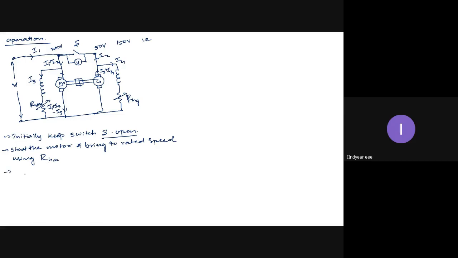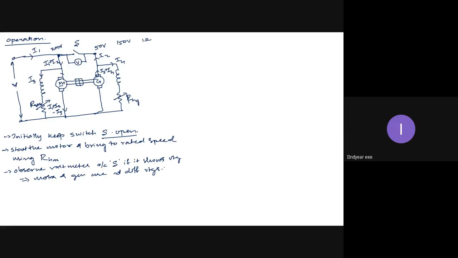Next, observe the voltmeter across switch S. If it shows some voltage, this implies the motor and generator are at different voltages.